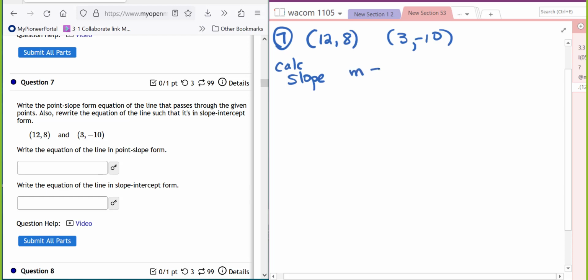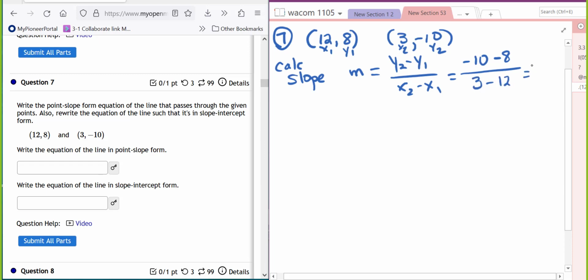So it's going to be your change in y's over your change in x's. So we have -10 minus 8 over 3 minus 12, so -18 over -9, which gives us a +2.